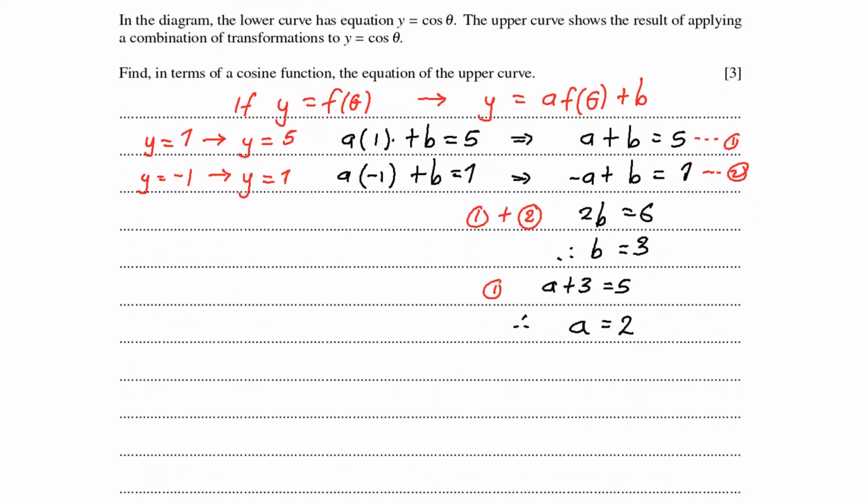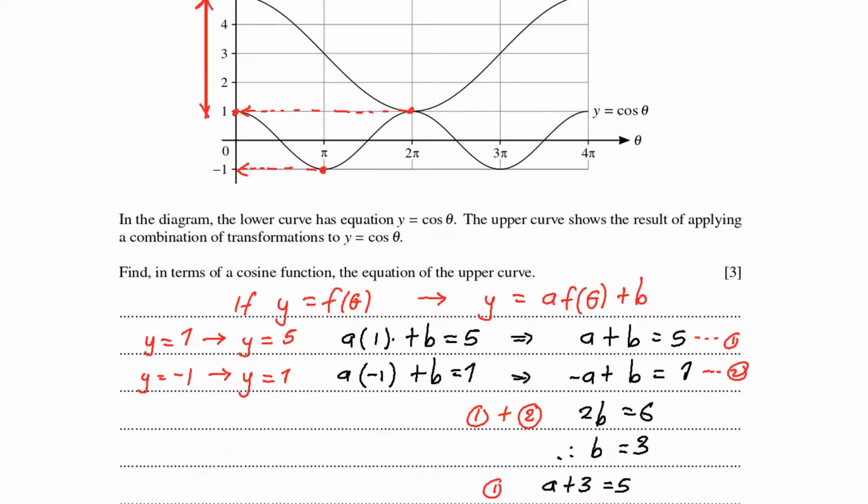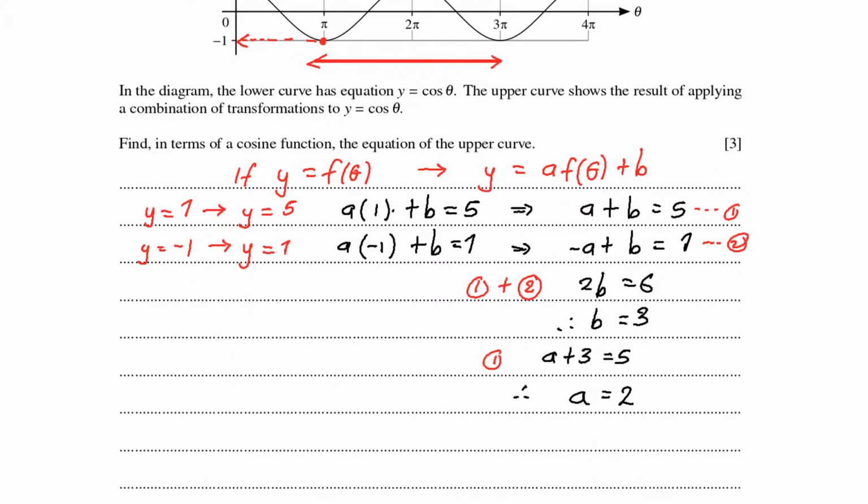Let's now consider the horizontal aspects of the transformation. So for horizontal, we are mainly concerned about the region inside the bracket around theta. The set of transformations, I would want to represent them with constants c and d, like c theta plus d.